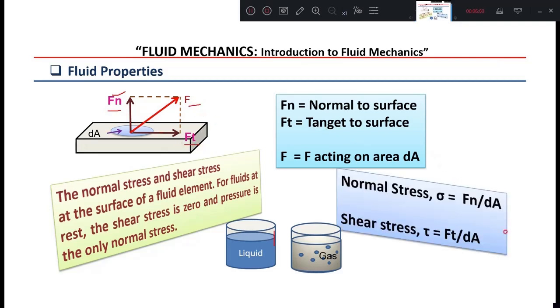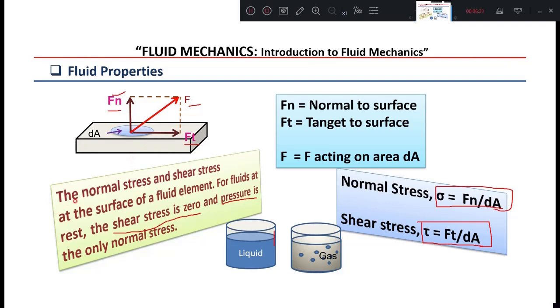So the normal stress is nothing but normal force divided by area. Tangential stress or shear stress is nothing but tangential force upon area. And when the fluid is at rest, the shear stress will be zero. When the fluid is at rest, the shear stress acting on the fluid will be zero, and the only force acting is the pressure, that is the normal stress.